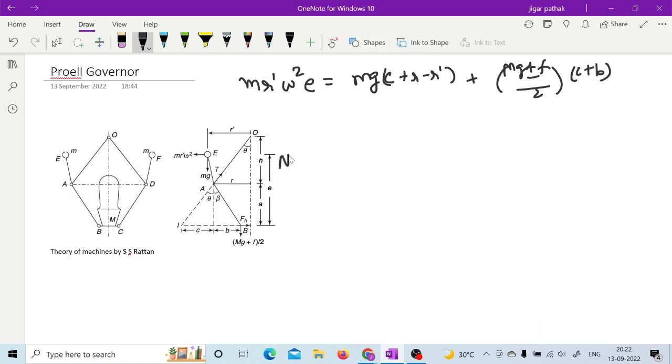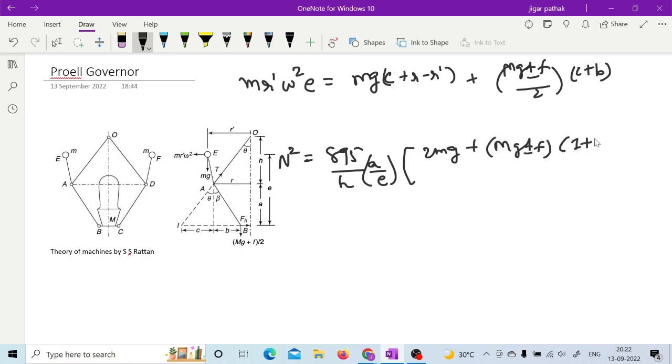I am writing the final equation: N square is equal to 895 by h into a by e, where a is this distance and e is the extra distance we have provided to those fly balls by extending the lower links. So a by e, and then whatever we already have in our previous derivation, it will be the same, divided by 2 mg.